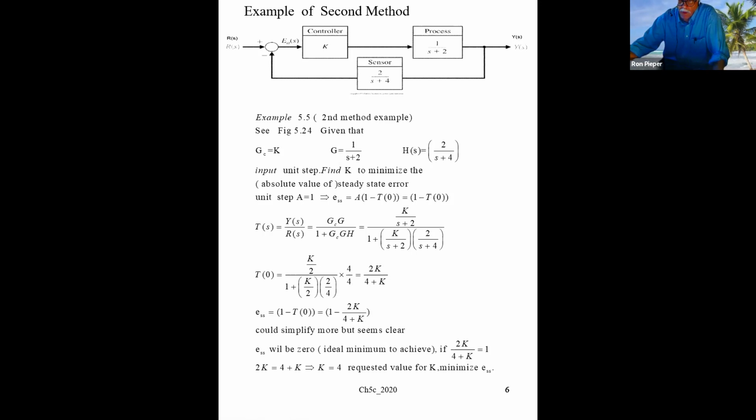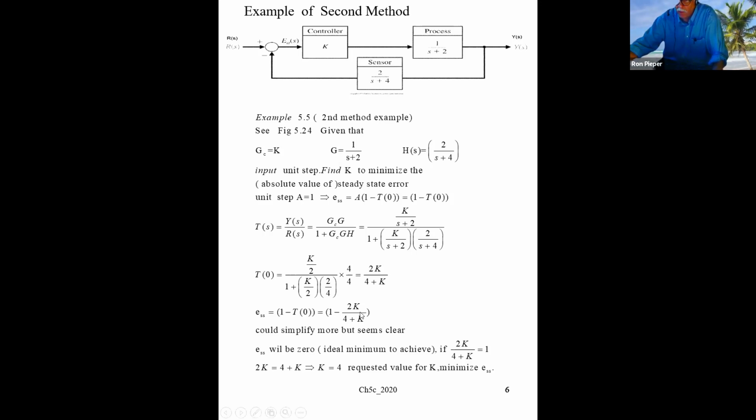Now, as far as minimization goes, I think we can see that if we can make what's in the parentheses equal to 0, we would be doing as well as we could hope to do. That's the best scenario, to get 0 steady state error.